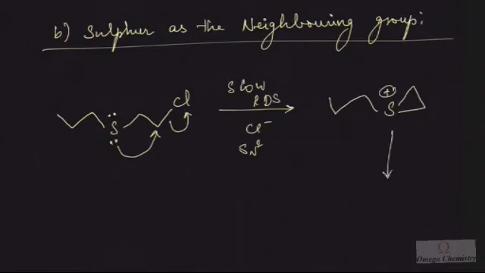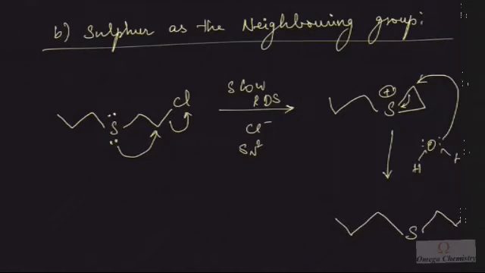And now a water molecule will attack from the opposite side. The oxygen in the water molecule will attack this side, which will force the breakage of this bond. So you will get that, right?